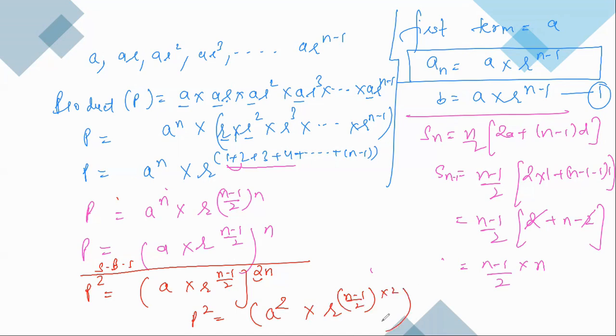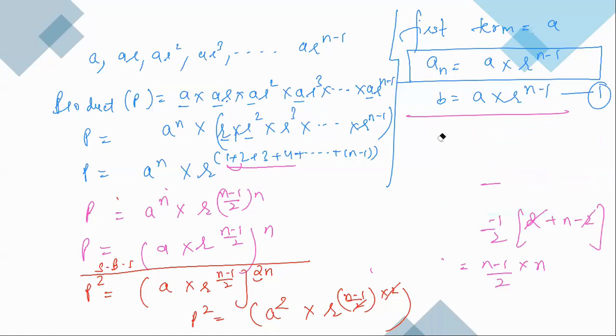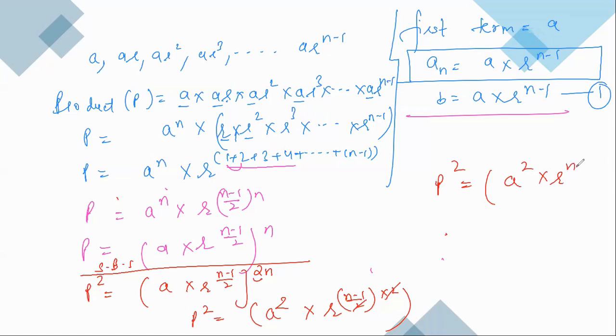This 2 cancels out with this 2. Let me remove the part that is not required now. So P square is equal to a square times r raised to the power n minus 1. We are left with this.